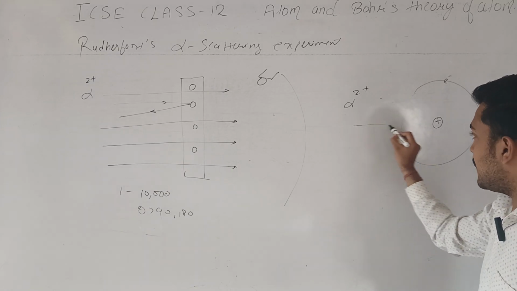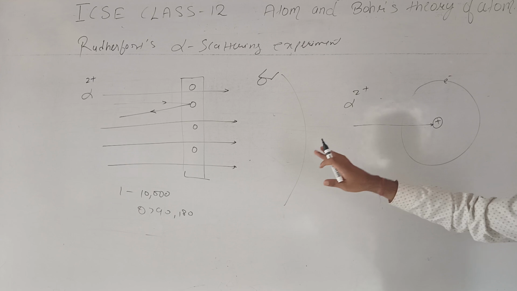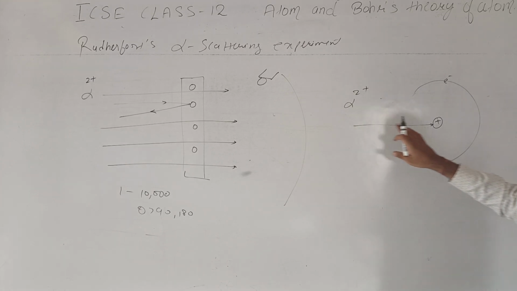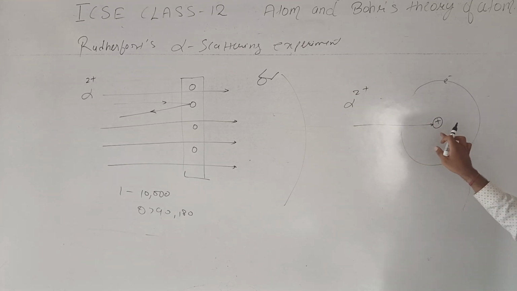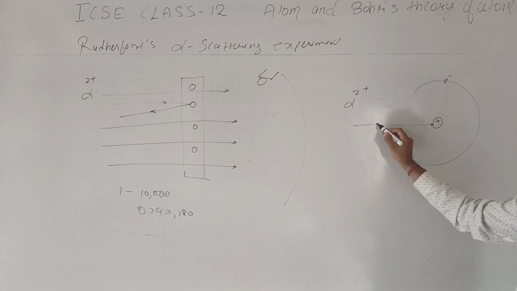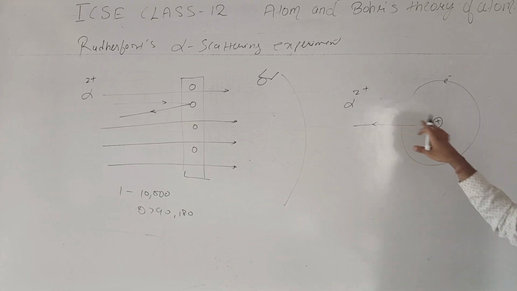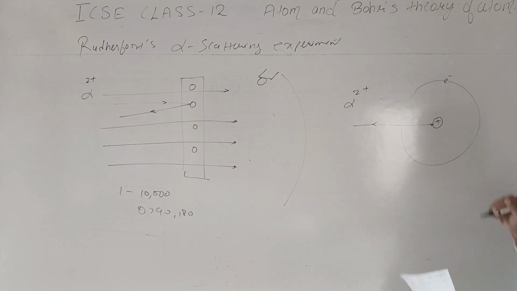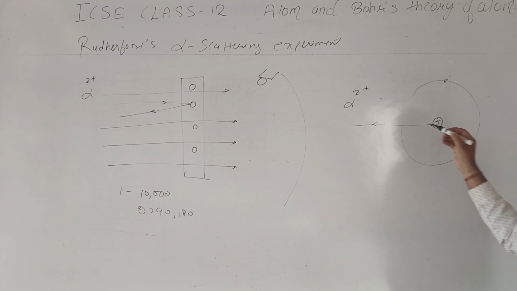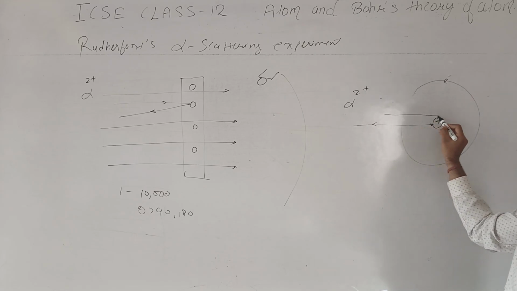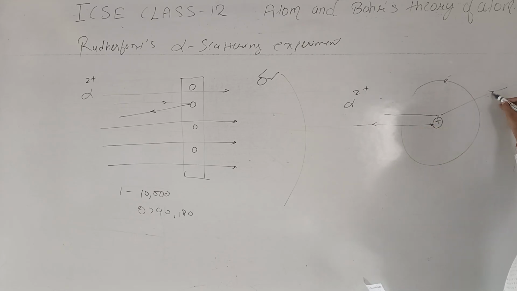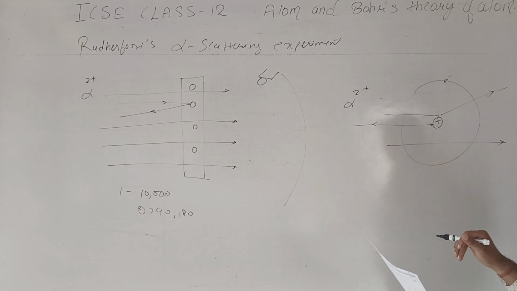only the particle which has a head-on collision with the nucleus gets reflected back, because like positive charges repel each other, and the one which passes very close to it is deflected by some angle, or mostly particles pass through without much deflection.